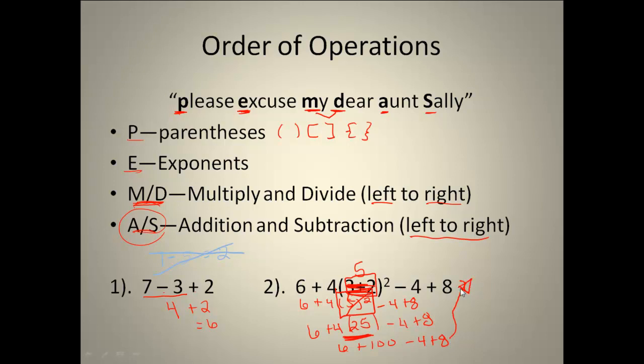And then from this point, now you can do your addition subtraction, but you have to go left to right. So start with 6 plus 100, and that would give you 106. Then do the 106 minus 4, that's going to give you 102. Add your 8, and you're going to end up with 110. So it's critical that you follow these order of operations precisely.